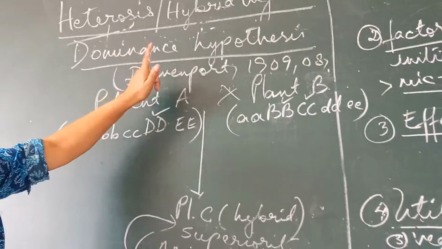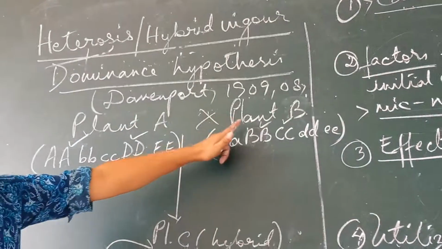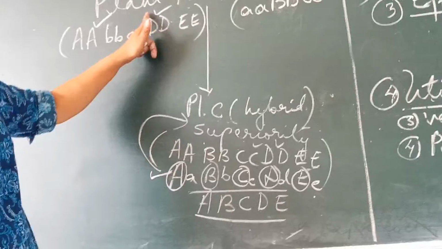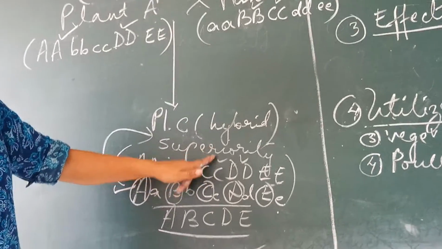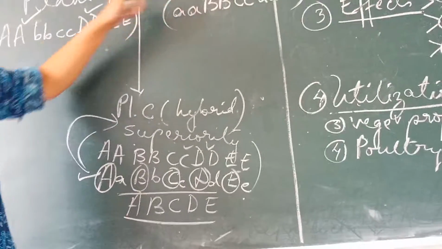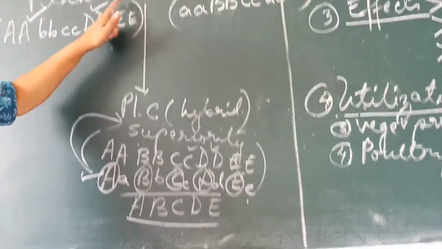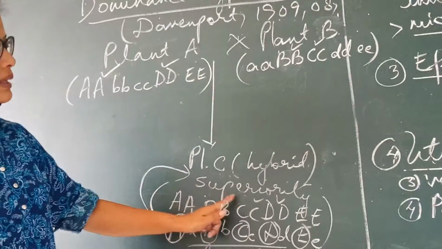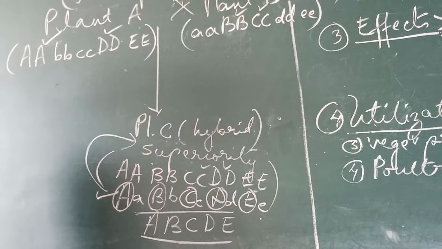It is getting all the favorable genes, all the good genes, from plant A and all the good genes from plant B. That's why it will be much taller than plant A or plant B. It will be much stronger than plant B or plant A. It will be more productive than these two. It will survive more than these two, and it can resist disease more than these two.